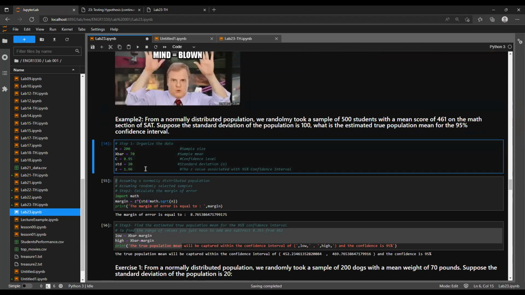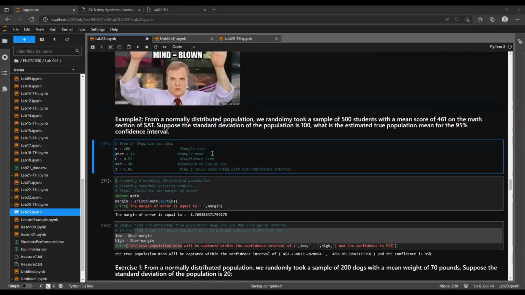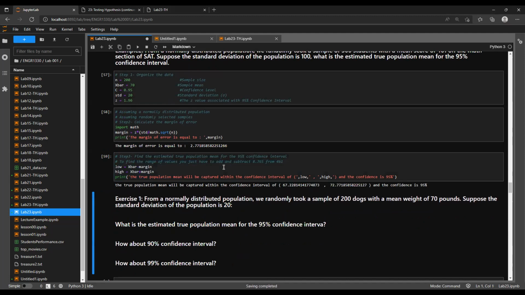We need to get the Z value associated with 90% if we want to do the 90% confidence interval. But let's do the 95 real quick. So there's that. And there we go. So 95, I can say with confidence 95% that the true mean of the weight of the dogs is 67.2 to 72.7, somewhere in there.